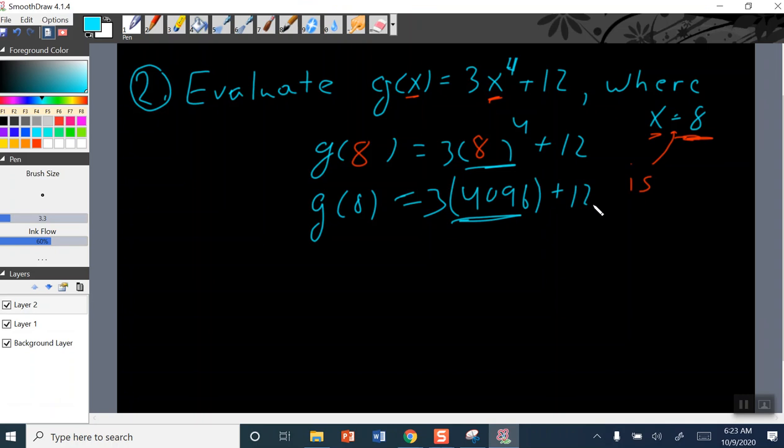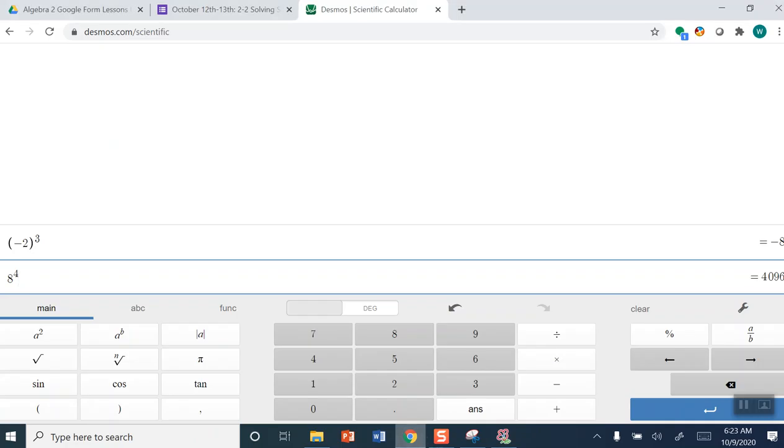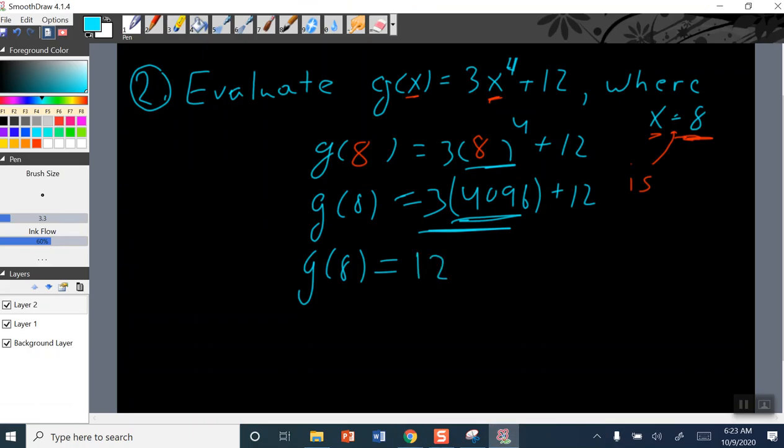So our answer is going to be 4,096 plus 12. Okay, now look, this is a large number, so even I would kind of struggle with that. So I'll go back here and I'll do 4,096, and I think we can just write times 3, and that will give our answer 12,288. 12,288 plus 12.